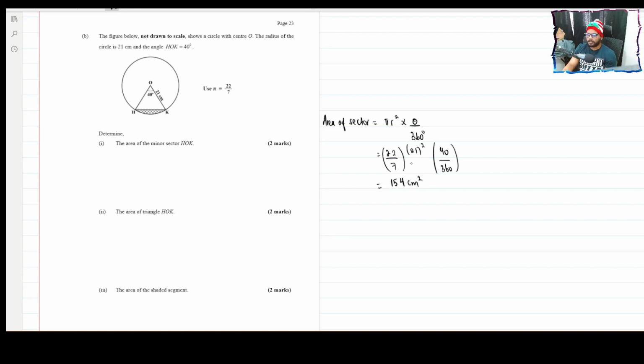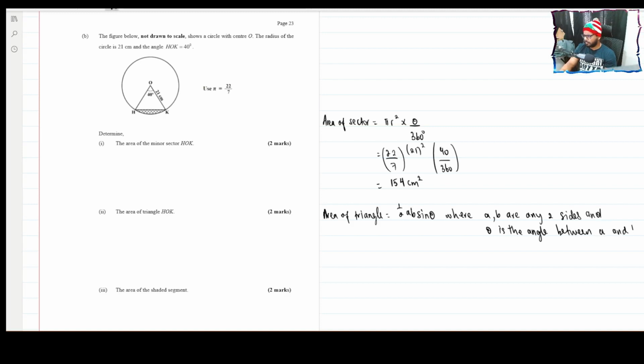The area of the triangle HOK. The area of the triangle is 1/2 ab sine theta, where a and b are any two sides and theta is the angle between those two sides. Well, we actually have two sides, which is 21 and 21.